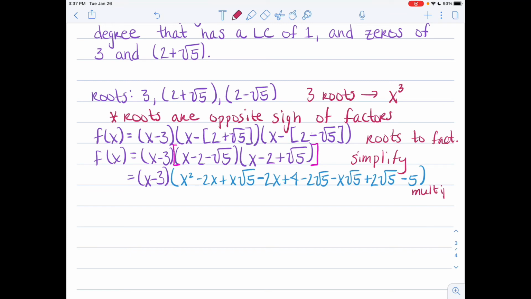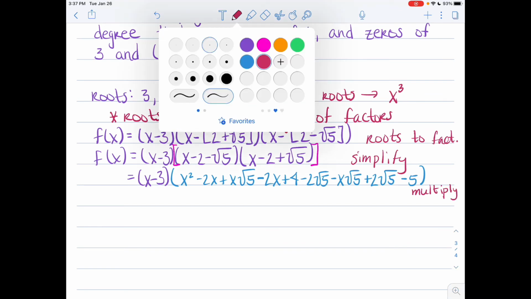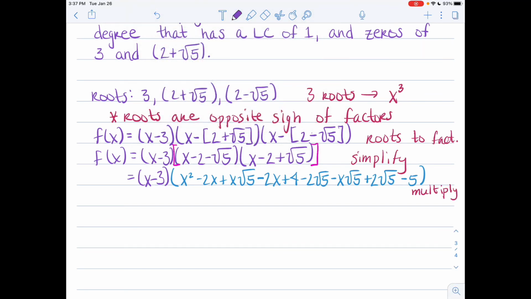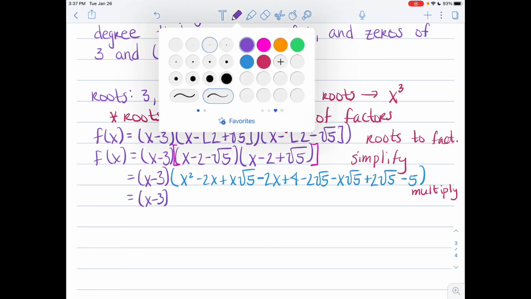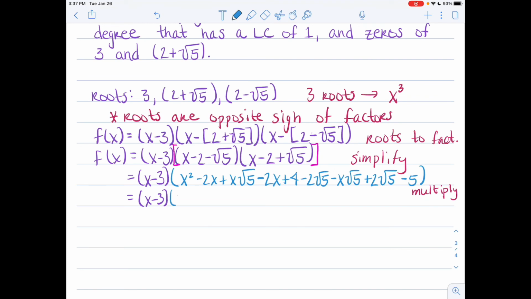So this is our multiply step, and we've got a great big old string of terms to deal with here. So I want to combine some like terms as much as I can. So let's do that in the next step. x minus 3 still just kind of coming along for the ride. And now I want to look at the second parentheses. I only see one x squared. I see a couple of x terms, so that'll be a minus 4x.